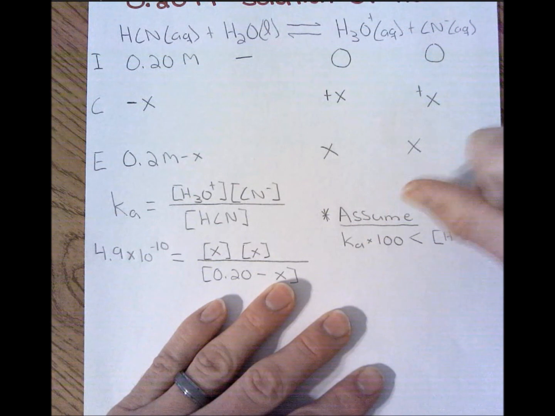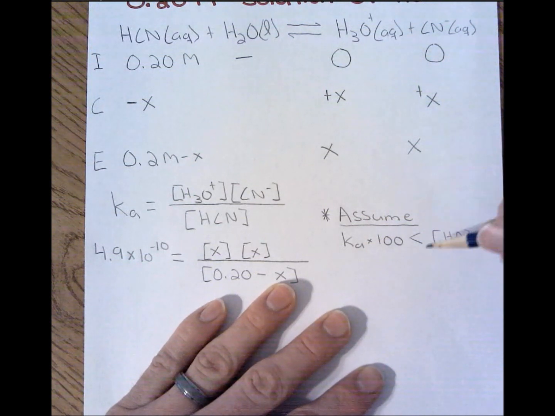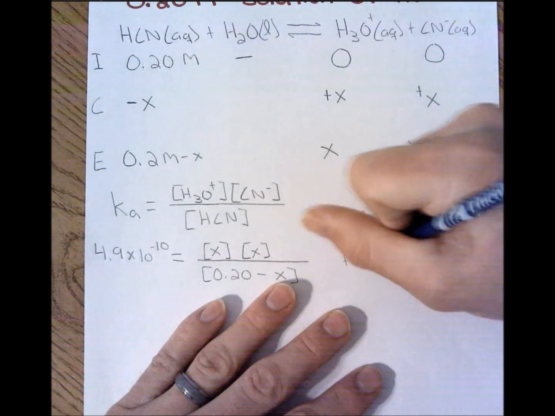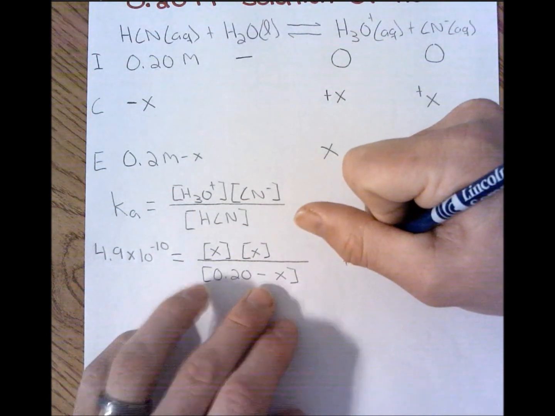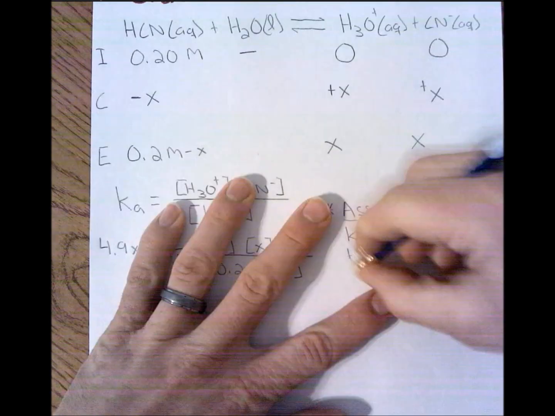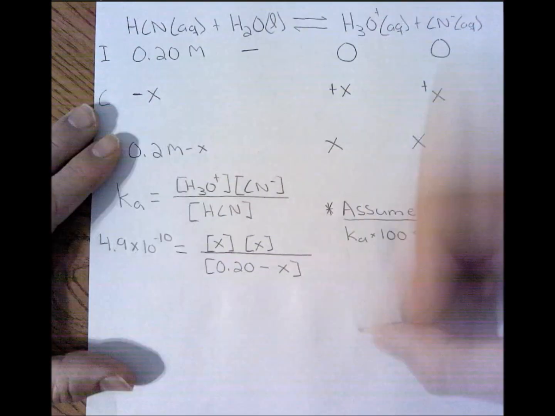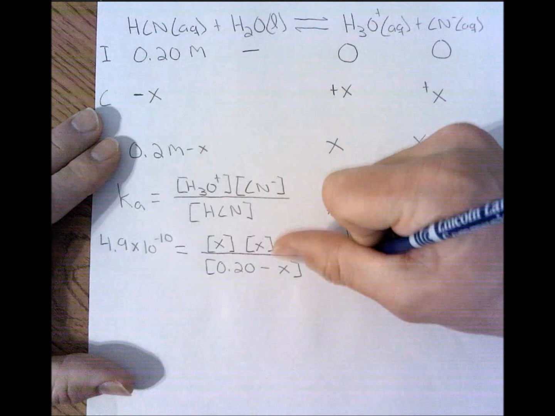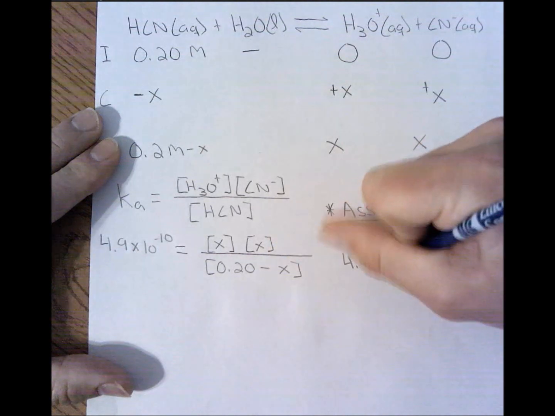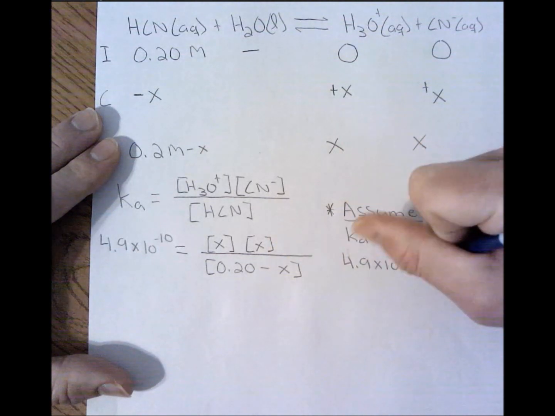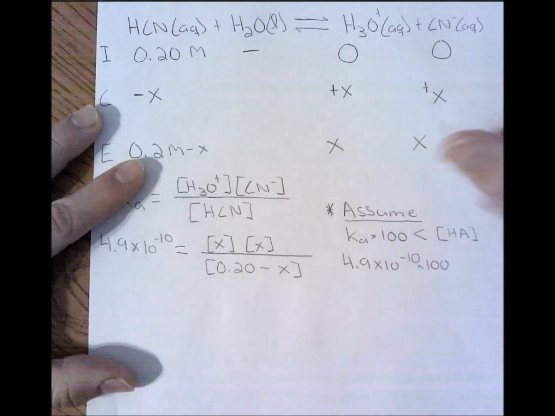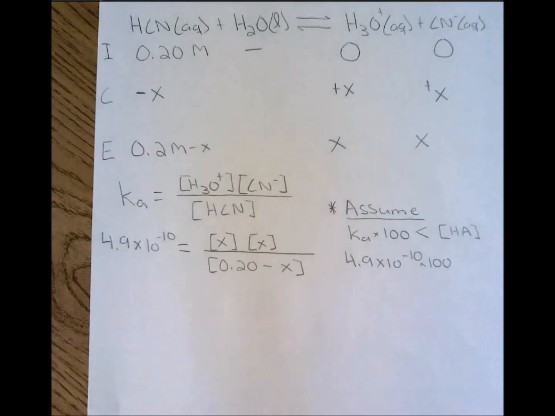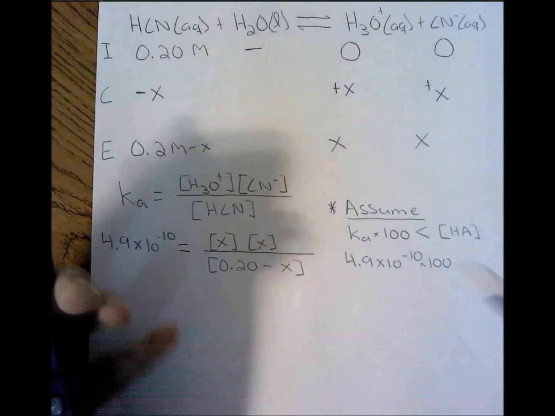And maybe I'll save that here. Let's go through this. So 4.9 times 10 to the negative 10th times 100. That's the first thing that we are going to do. We have to have this much, much less, and it's just 4.9 times 10 to the negative 8th.